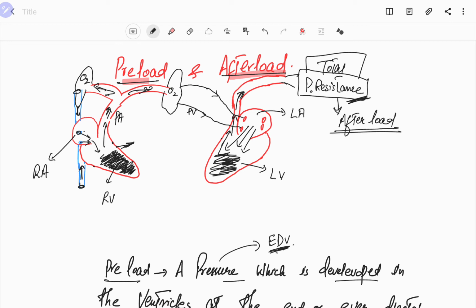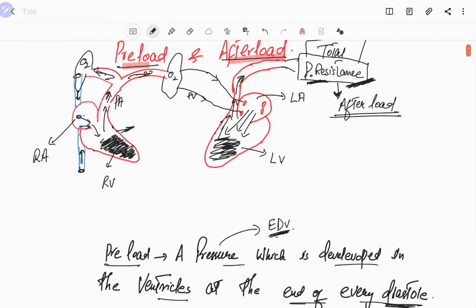Directly the pressure which will be. Now during the pumping of that blood, due to this peripheral resistance, there will be much more tension developed, or pressure developed, in the ventricular myocardium, which will try to generate that much pressure to meet its pumping ability, even if there is peripheral resistance to that pumping blood.